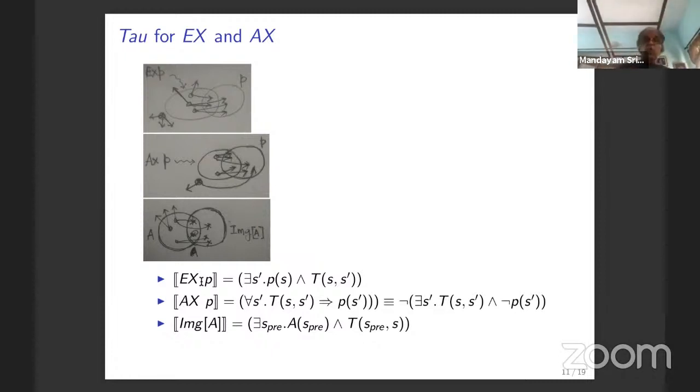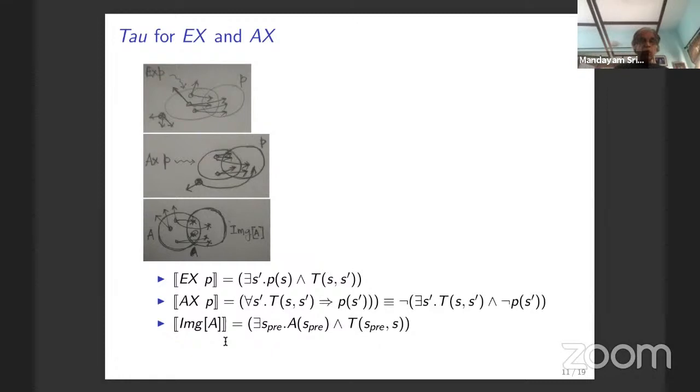So those are the two formulas, and this is exactly how EX of P is defined. This formula on the right side defines the set of states denoted by EX of P. Since the transition relation is implicit in EX, you can say that it is parameterized. That's why the formula will also have the transition relation.